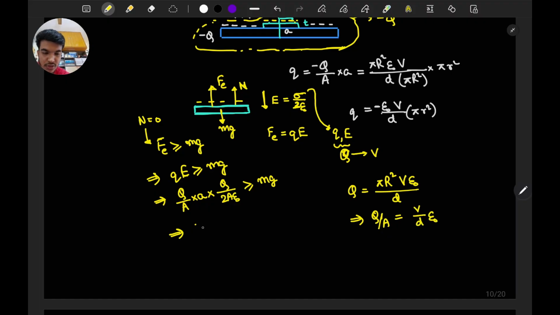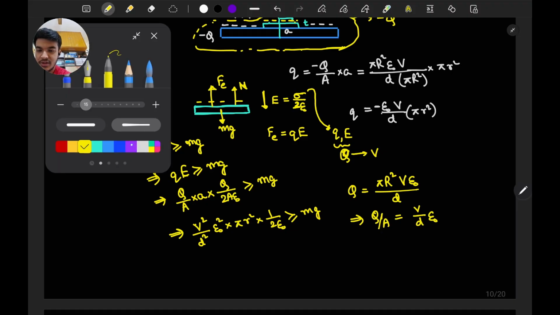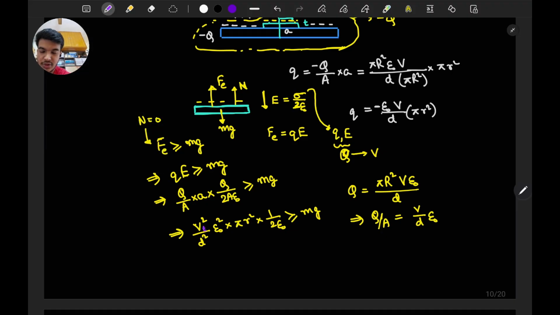So Q by A squared is V square by d square epsilon naught square, into pi small r square, into 1 by 2 epsilon naught, greater than or equal to mg. Let us say this voltage is Vt, the threshold voltage. Cutting the epsilon naught here, my Vt square is 2 mg d square by pi small r square.